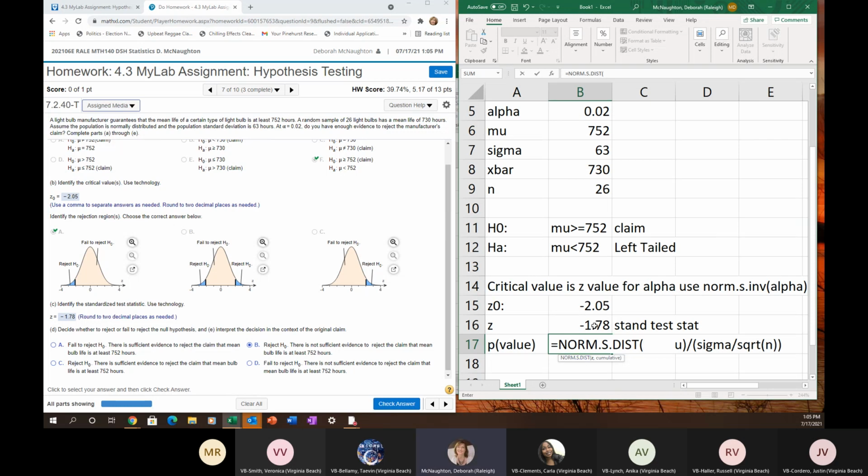And since it's left-tailed, we just put in this z value, true. And the p-value is 0.037, and that is greater than 0.02.